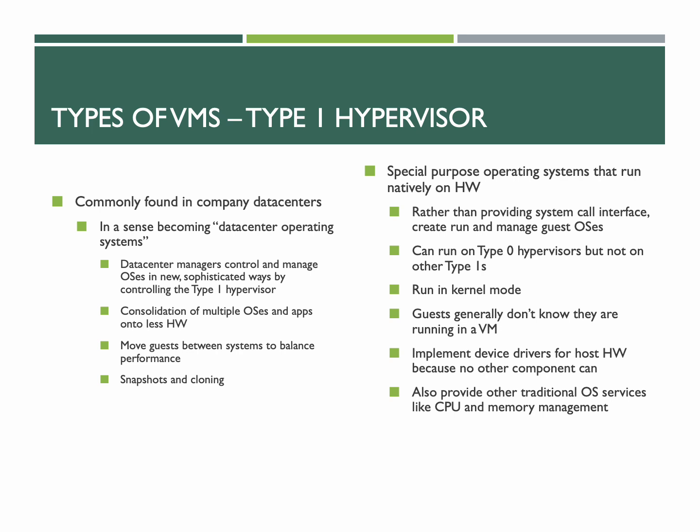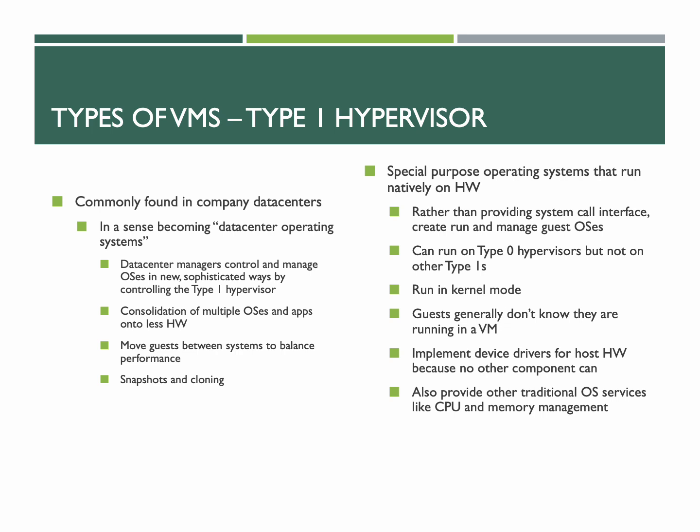So, in many ways, Type 1 hypervisors are becoming what might be termed data center operating systems. They allow data center managers to control and manage operating systems and applications in sophisticated ways that were not possible with traditional hardware setups.